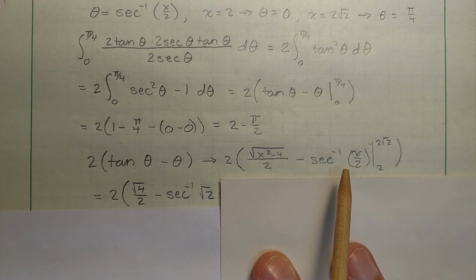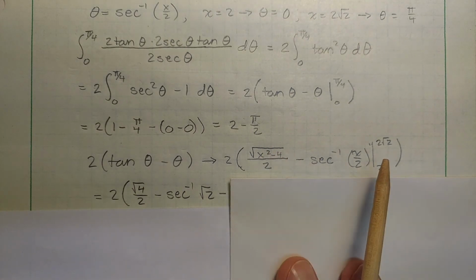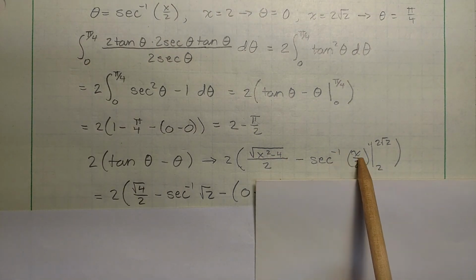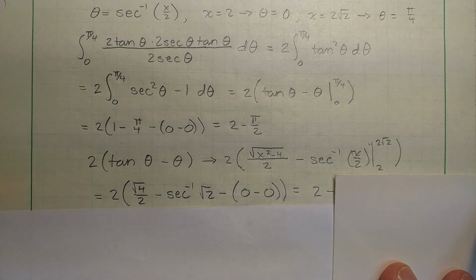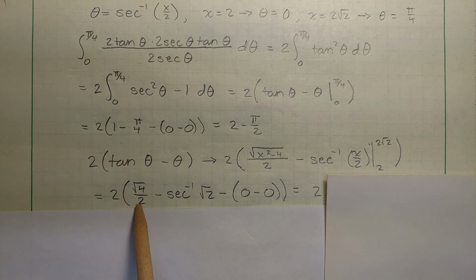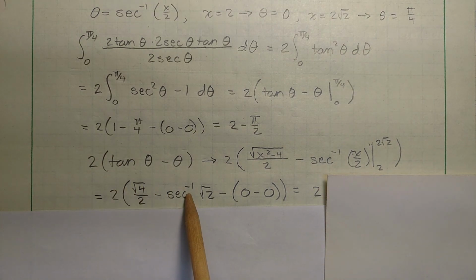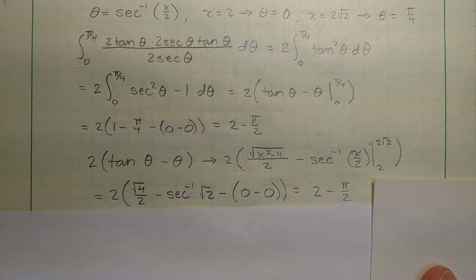We'll do that in a second. Minus. And now when I put in 2 here, this numerator becomes 0, so that one's 0. Put 2 in here, I get the inverse secant of 1. We already talked about how that's 0. So what I get is 2 times this thing here becomes 1, so that's just 2. And then distribute in here, this thing becomes pi over 4, so I get minus pi over 2.